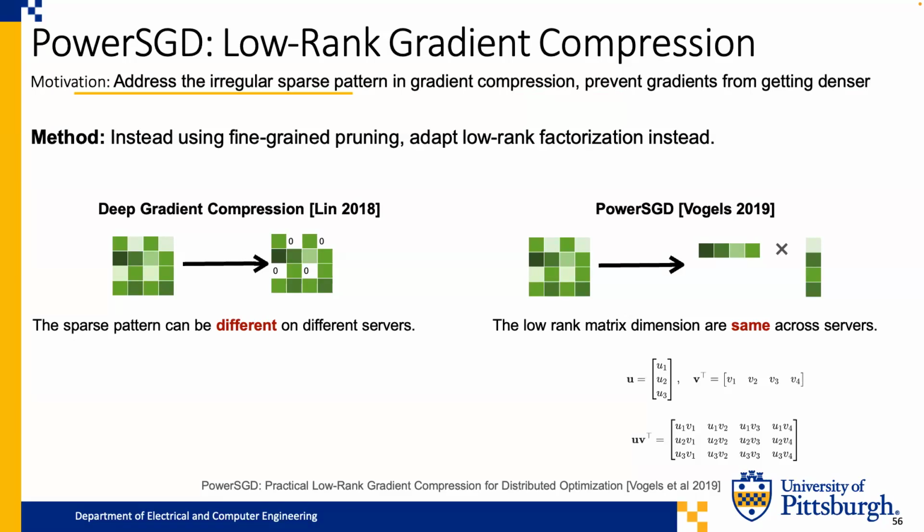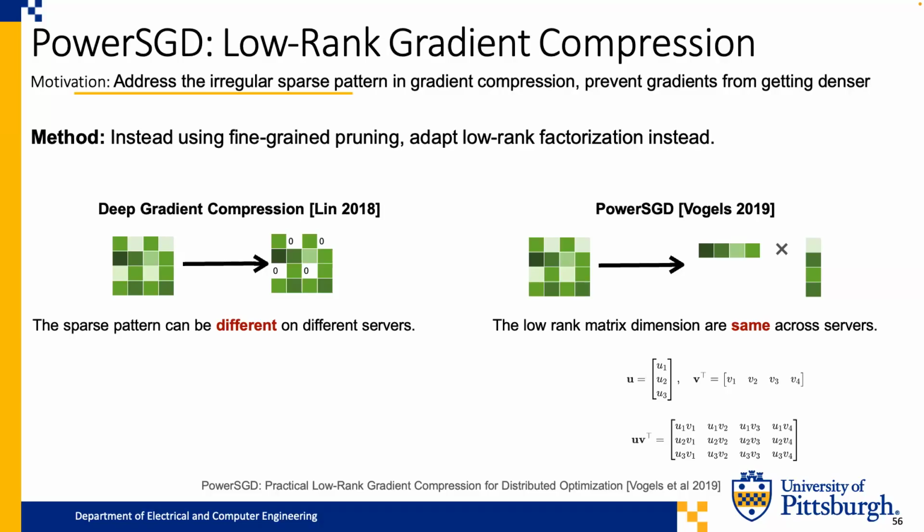What that means is that we all know the LoRA technique: for a matrix, we can factorize this matrix into two low rank vectors.